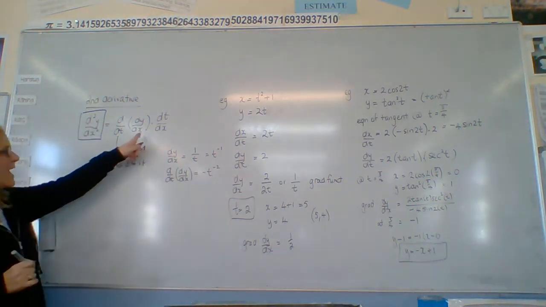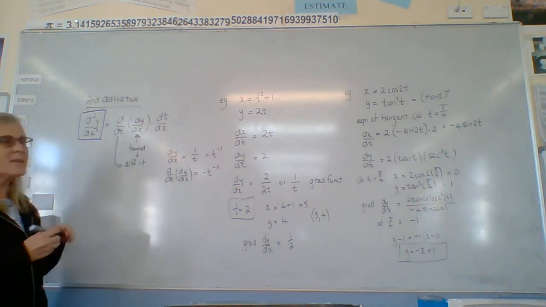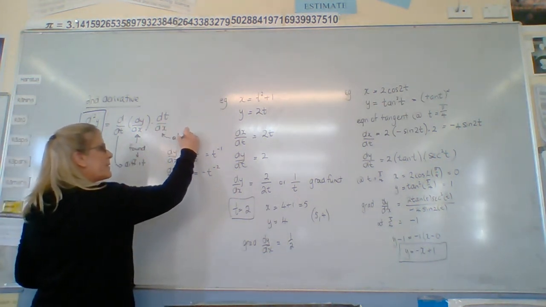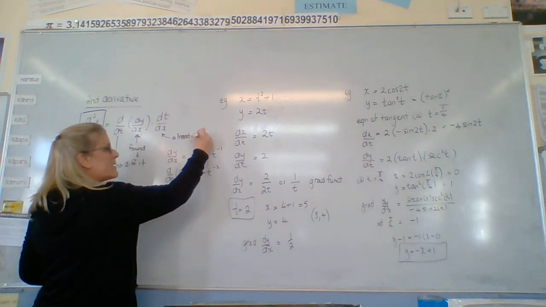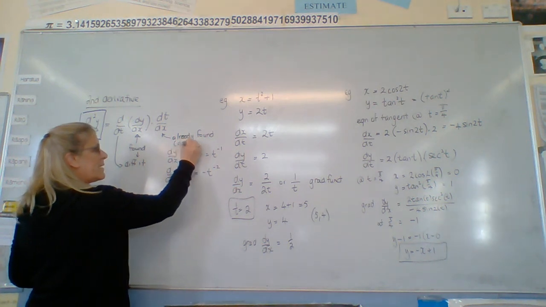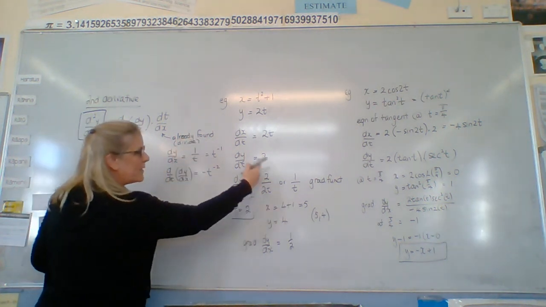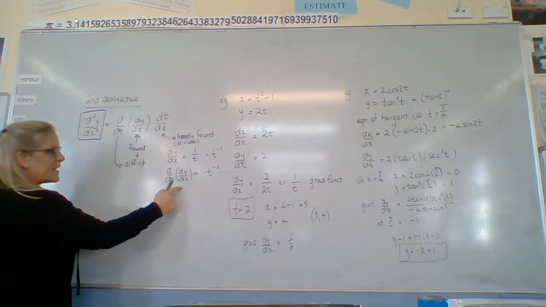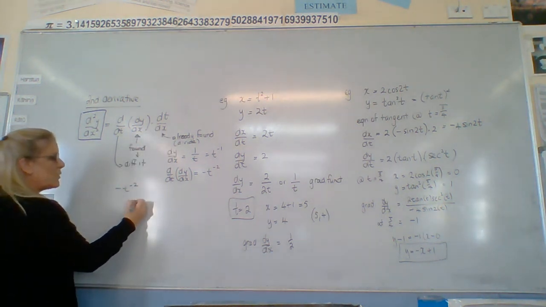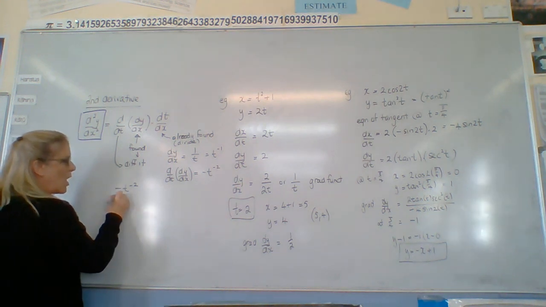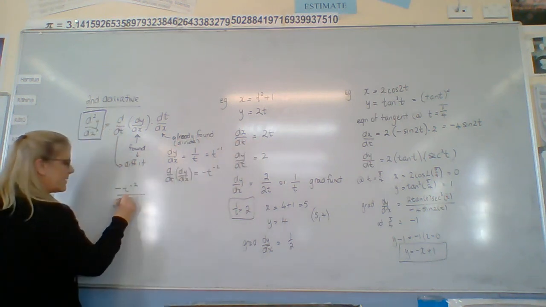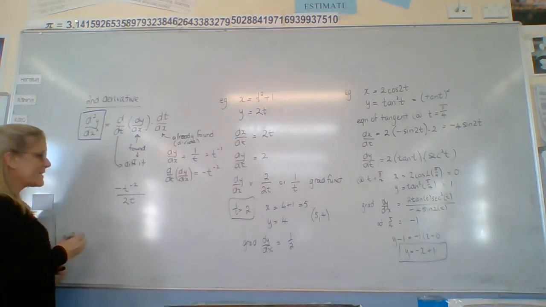All right, so that's that bit. You've already found this too, so you're going to divide by it, same as you did before. So altogether, you've got negative t to the negative 2 divided by dx by dt, which in this case was 2t. That would be the second derivative.